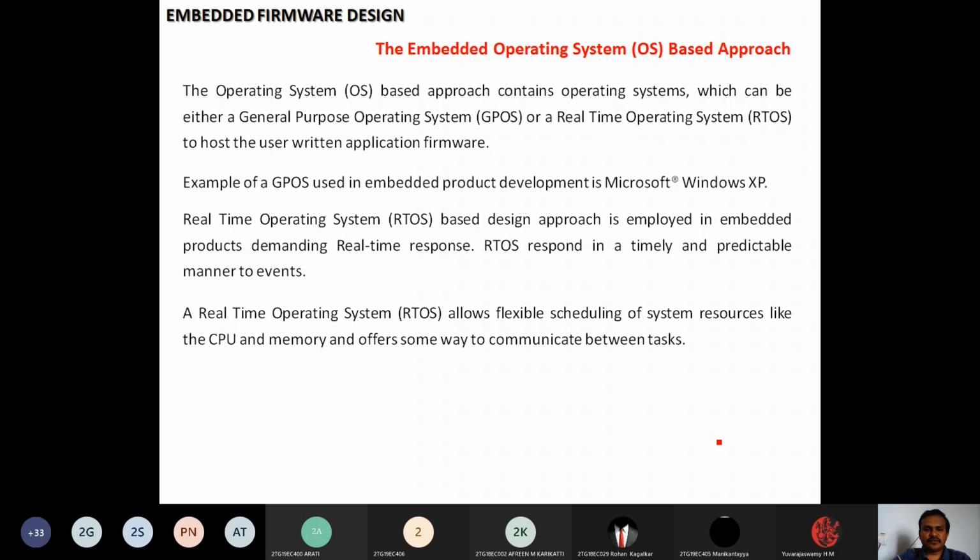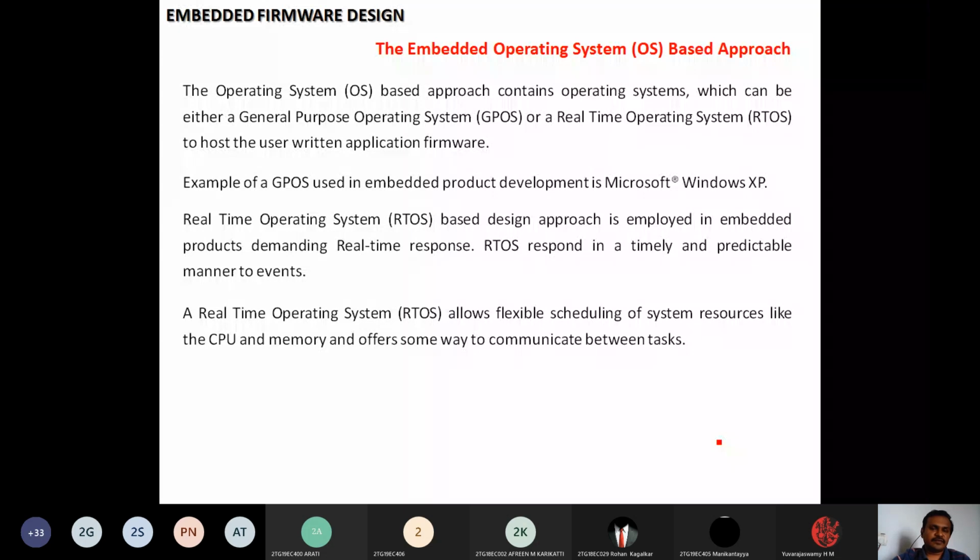For resources like the CPU, when it has to perform, there is a schedule for CPU operations, and for memory also. Each object, each part is scheduled. CPU is scheduled, memory is scheduled, and the communication between the tasks is also scheduled.